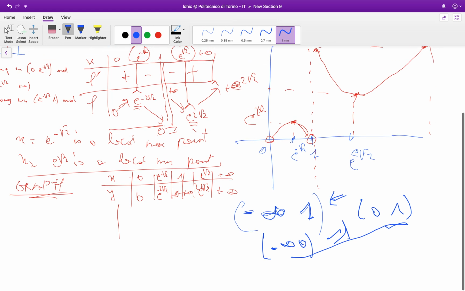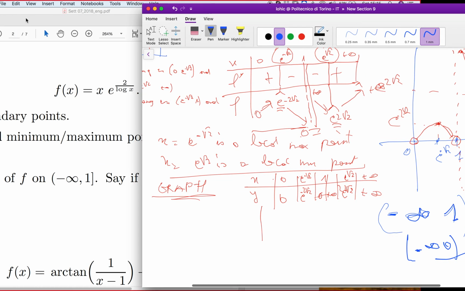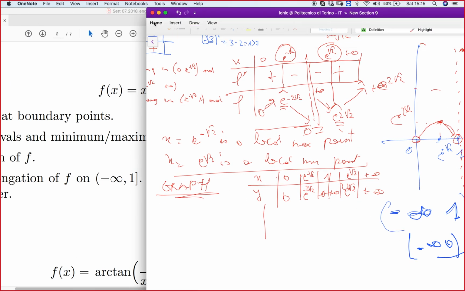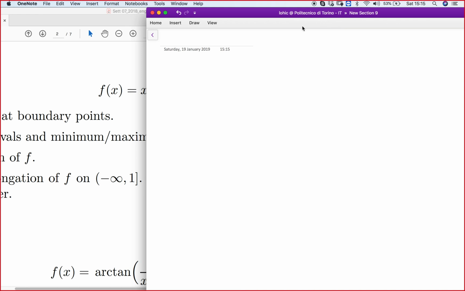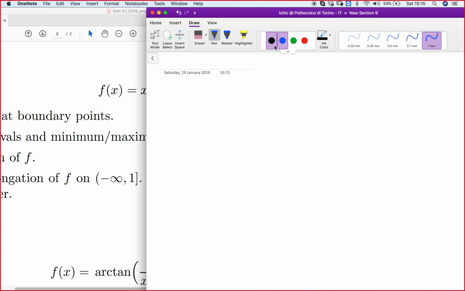The answer is yes. Why? Because it is sufficient to take any function that at 0 is equal to 0. Suppose that the graph of my function is like this.